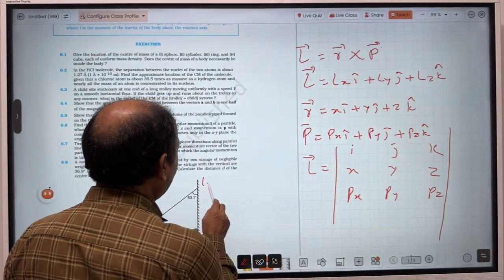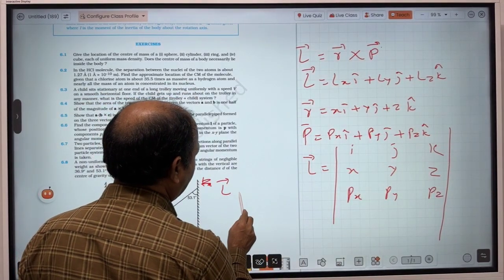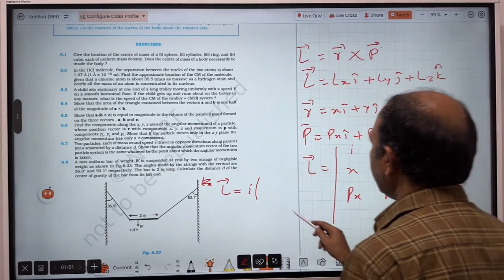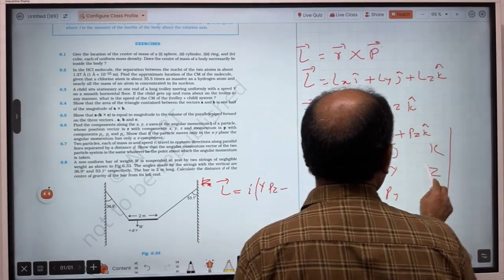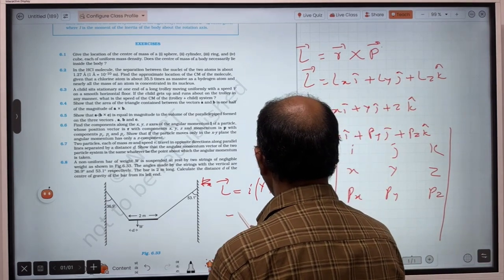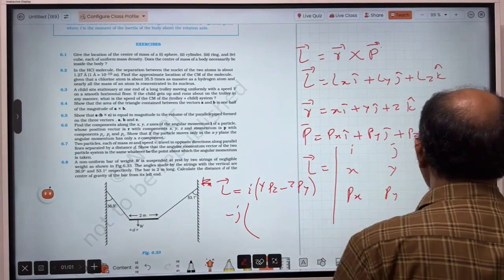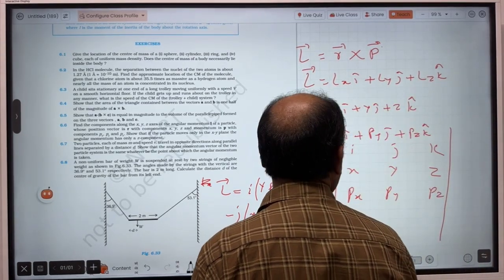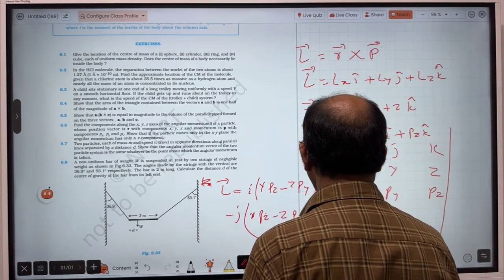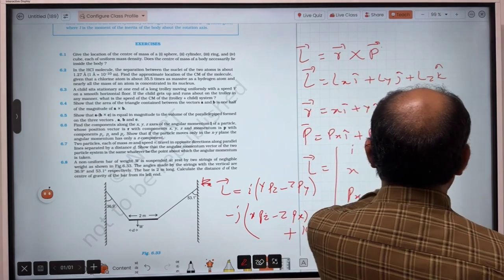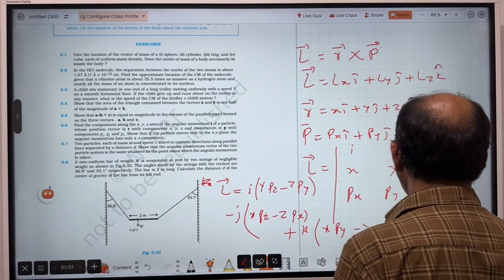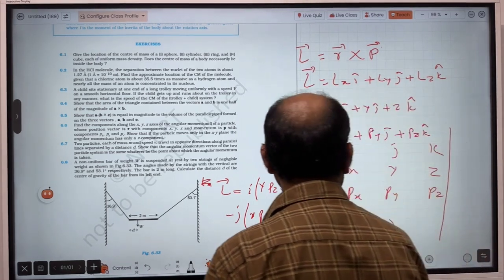First you write just L, later on we will write the components. So i times, if you take this, y pz minus, leaving this, z py, then minus j, when you take this, x pz minus, taking this, z px, and then k cap. When you take k, so x py minus y px.